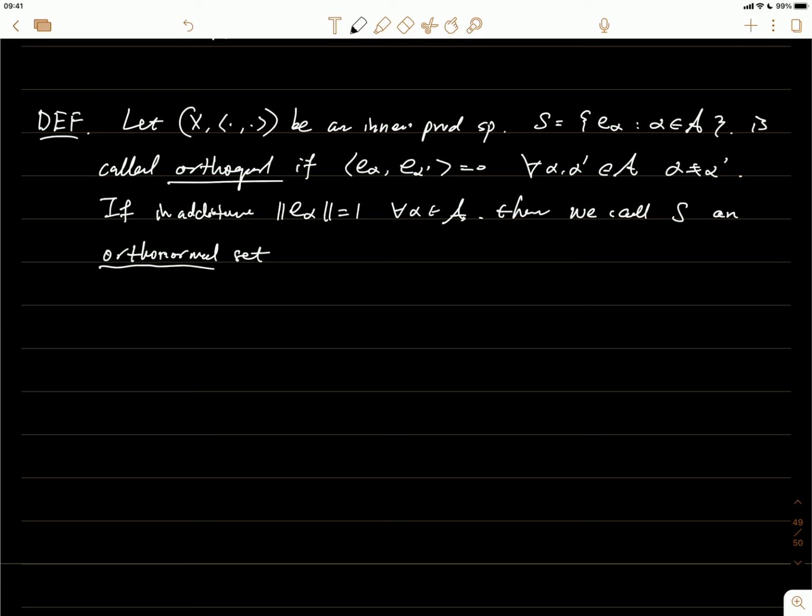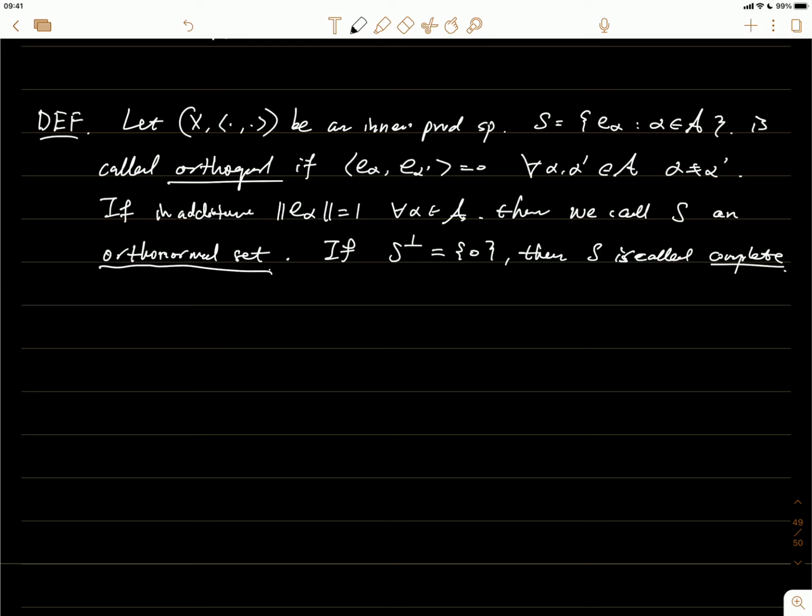So they are not just orthogonal to each other, but they are also normalized. If S perp is just 0, then we call S complete.